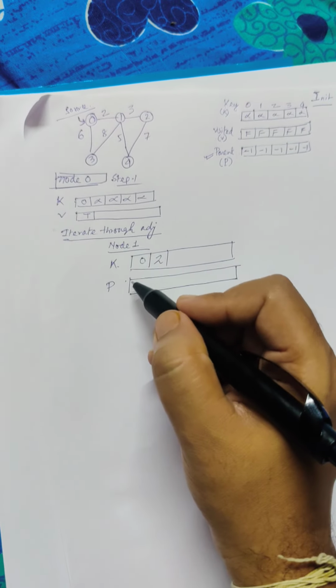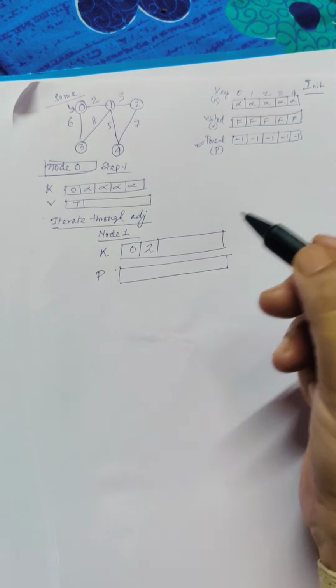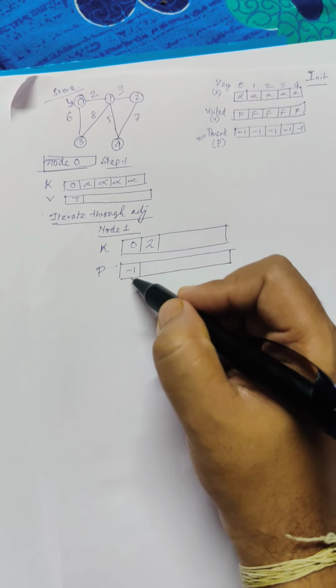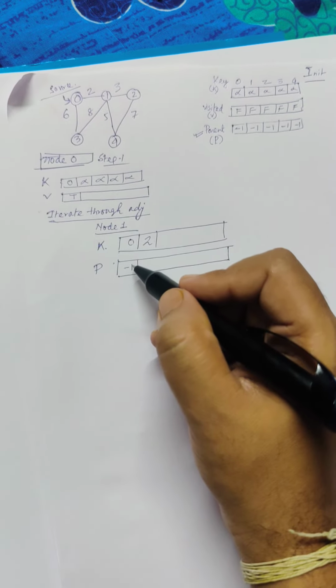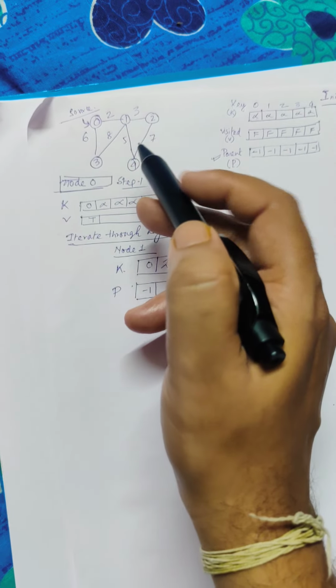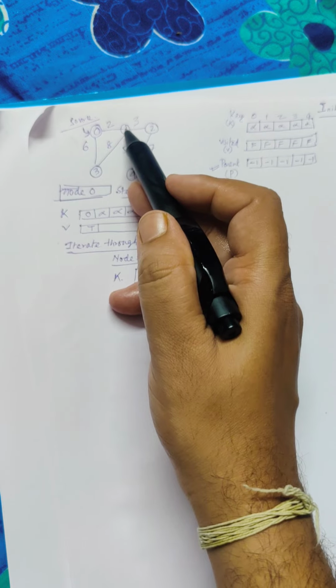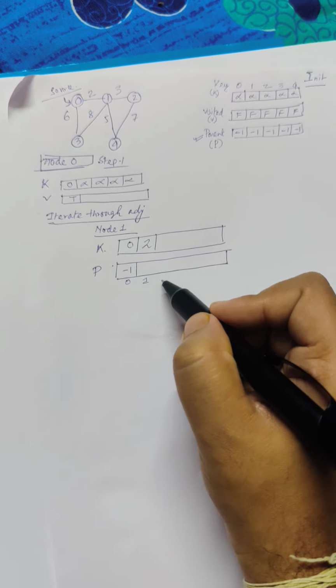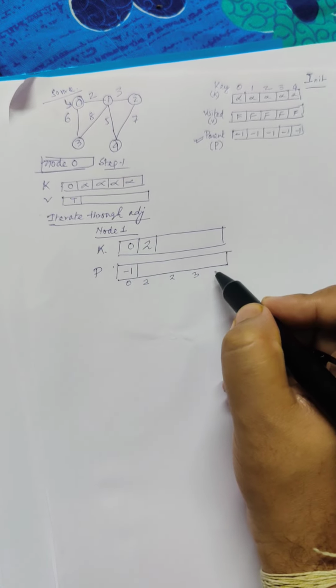So we need to make a change in the parent array. What is that change going to be? At the 0th place it was -1, and the places after that are for node 1, node 2, node 3 and node 4.